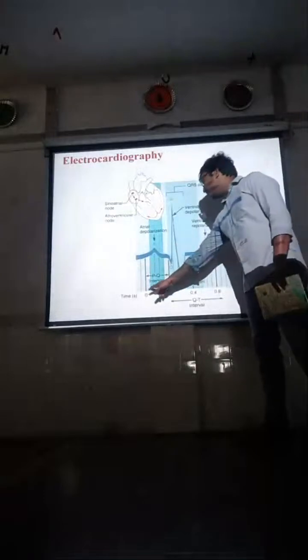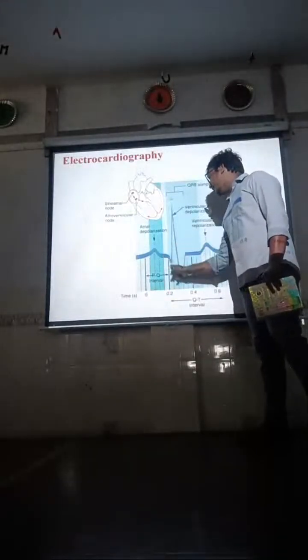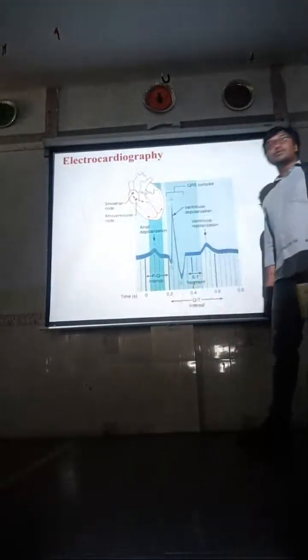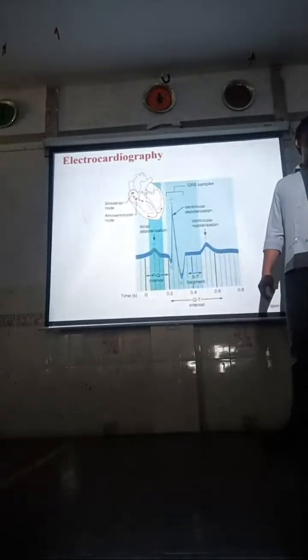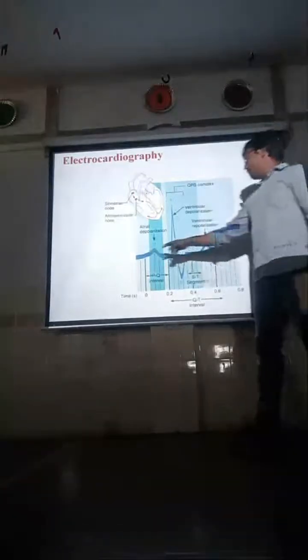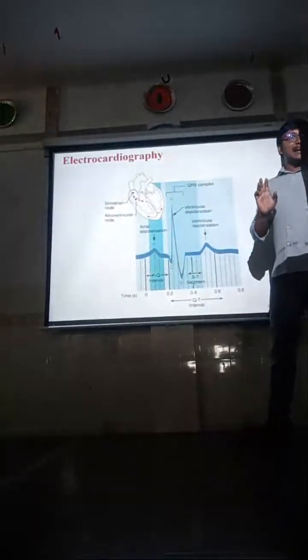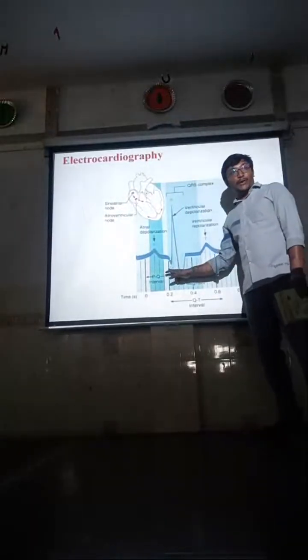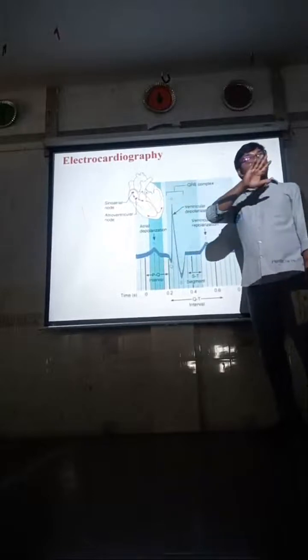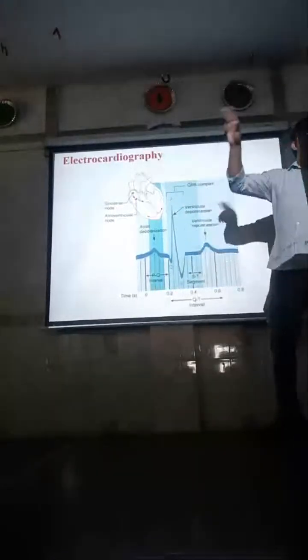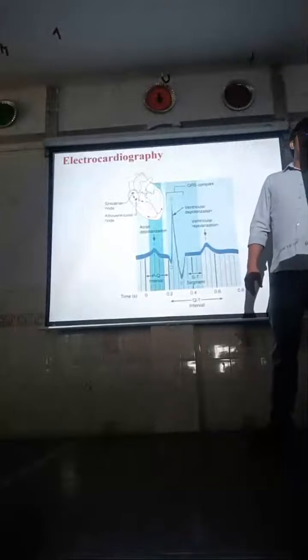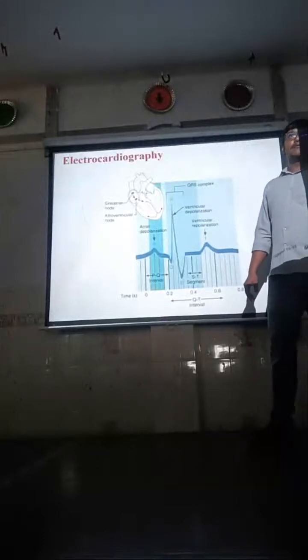What is the interval between P wave and Q wave? 0.2 seconds. Now at the beginning of the P wave, atrial depolarization started. At the beginning of Q wave, atrial depolarization ended. Atrial repolarization will begin. Listen carefully.